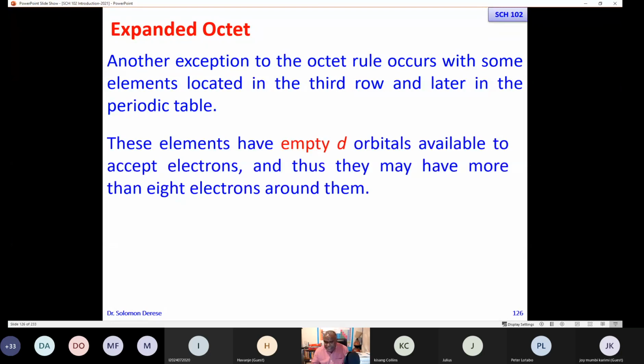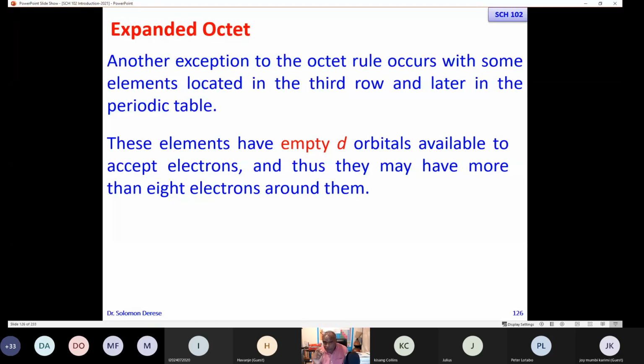Take sulfur and phosphorus, for example. If you look at oxygen, it is in the second period of the periodic table. Below oxygen, you have sulfur, which is in the third period. In oxygen's valence shell, we only have 2 types of subshells, the s subshell and the p subshell.